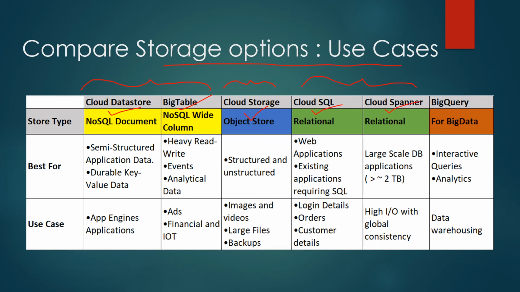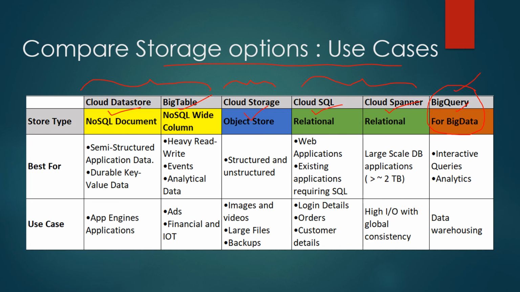With Cloud Spanner, if you are dealing with petabytes of data, it is preferred to go ahead with Cloud Spanner, since it has high consistency. And whenever you are dealing with big data, the preferred choice is BigQuery. We'll be covering this in our big data section, but we do have BigQuery for the big data offerings in GCP.